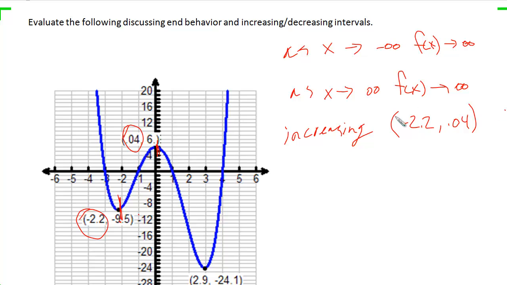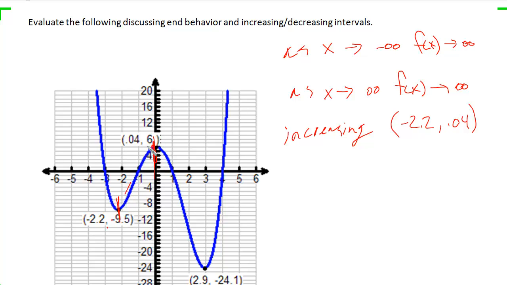And I use the parentheses instead of a bracket, because if they're on this exact point, and that's what's indicated when you use a bracket as opposed to the parentheses, you're neither decreasing nor increasing, so I prefer to use the parentheses. I find it to be more accurate. And that's the only increasing interval, because from here forward it's heading towards positive infinity.